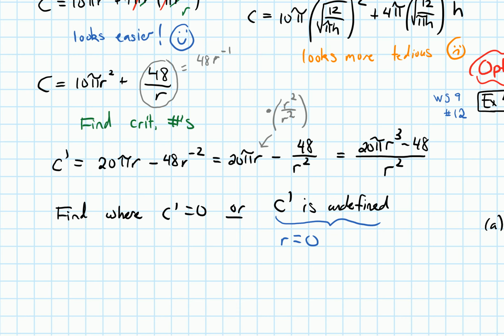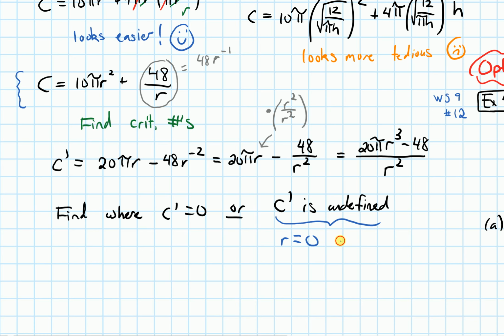But one thing that I have to be mindful of is, if I look at that original function for c, I'm not able to plug in 0 for r because it makes this fraction 48 over r undefined because the bottom would be 0.